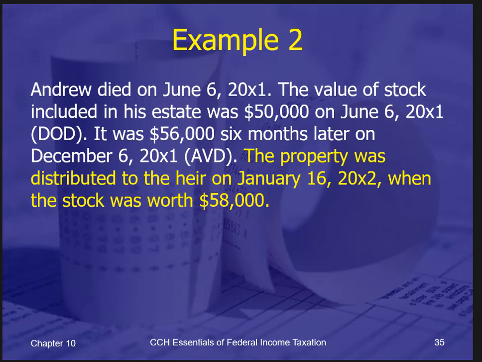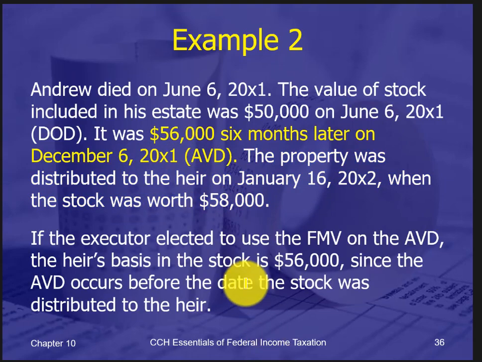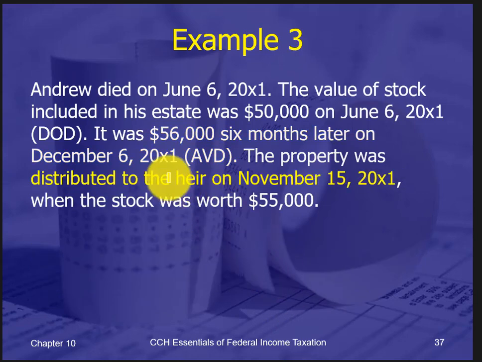If you distribute it after the AVD, any distributions after that date, we use the $56,000 because that's the AVD value. Anytime after. If it's before the AVD, then we use the value on the date of distribution.